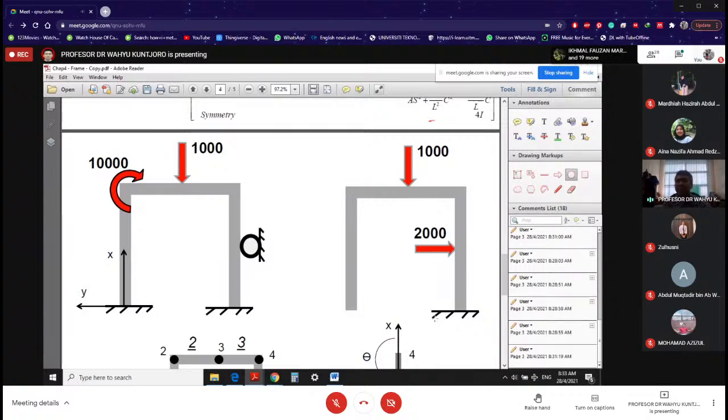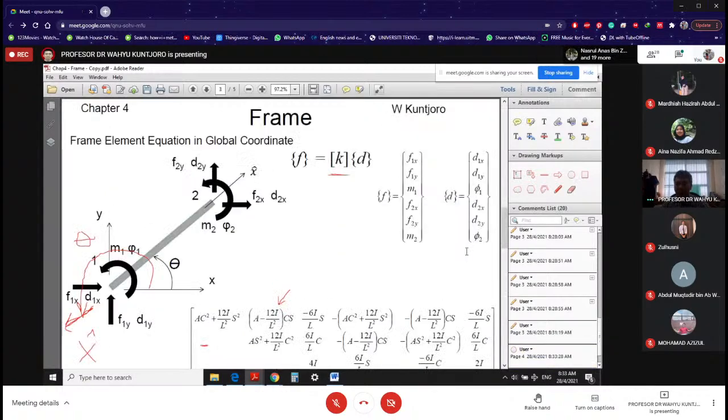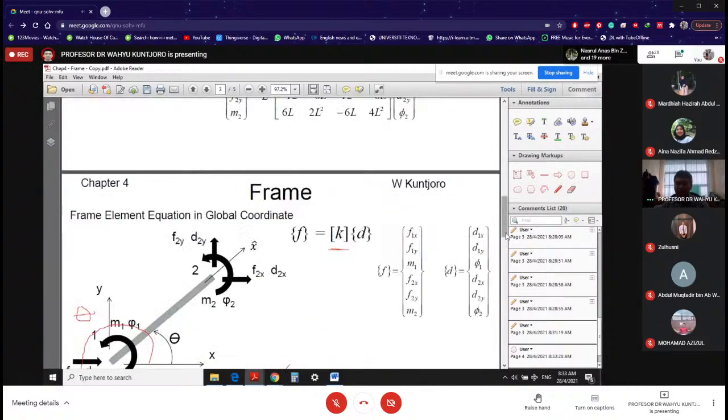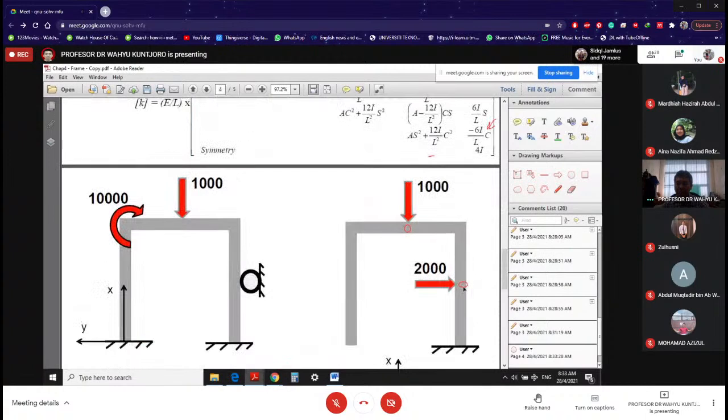As usual, we first start with the node location. What's the rule? If I have the load, I have the node. So I have the node over here. See, I have the node over there. And also I have the node over here. If you have support, you have the node.